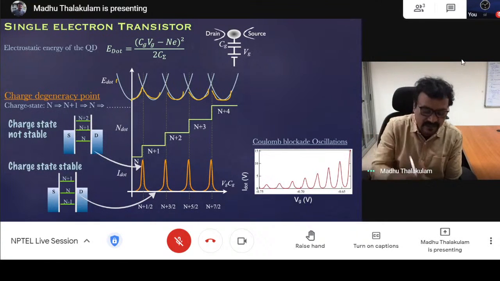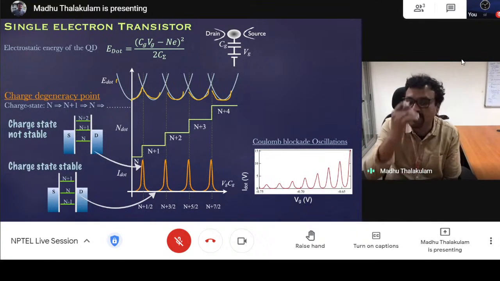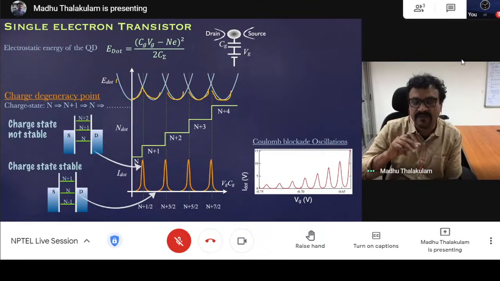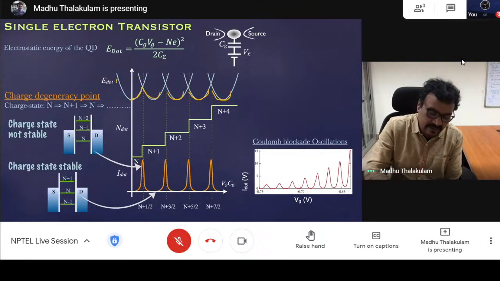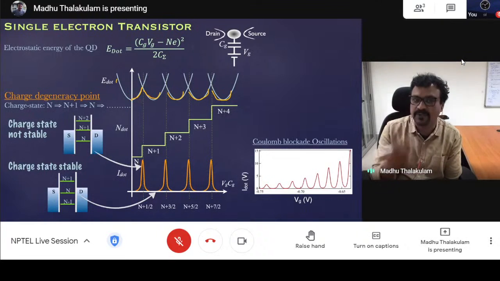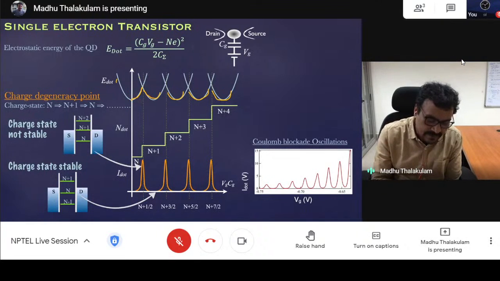But here, what we are saying is, instead of that, you can bring the energy level down into the window between source and drain, which is much smaller than the charging energy. What you are doing there is making these two charge states degenerate by changing the electrostatic potential of the dot, and you can have these two charge states, n and n plus 1, degenerate at this stage.